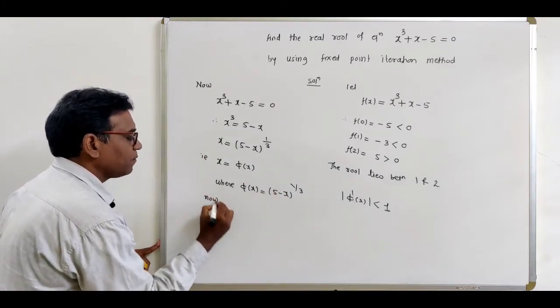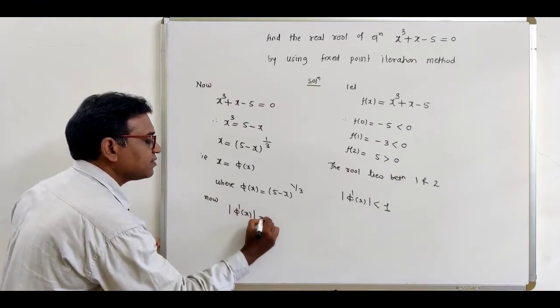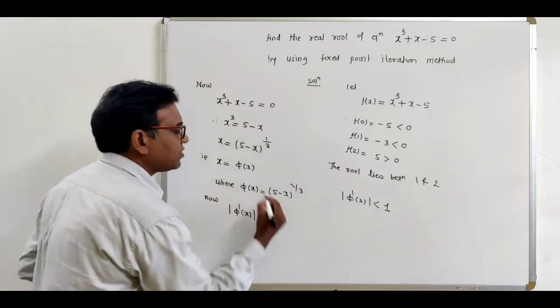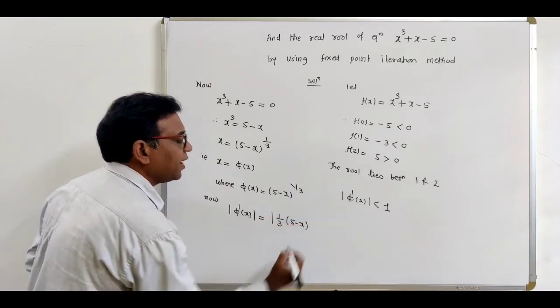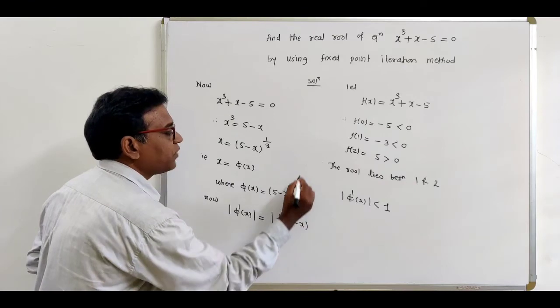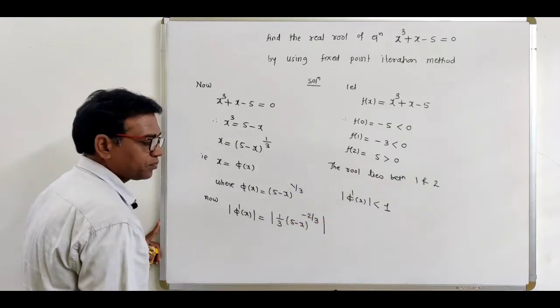So write down now modulus of phi dash x is equal to modulus. Now what is this derivative? This is 1 upon 3 times (5 minus x) raised to 1 upon 3 minus 1, so this is minus 2 by 3.